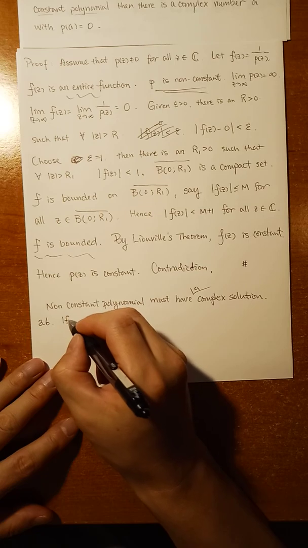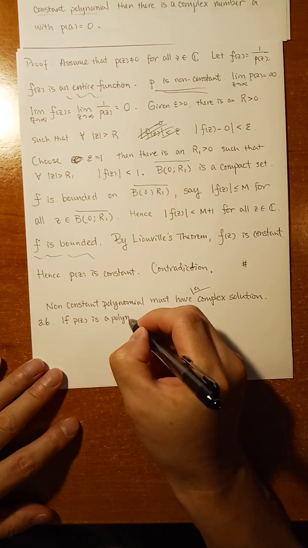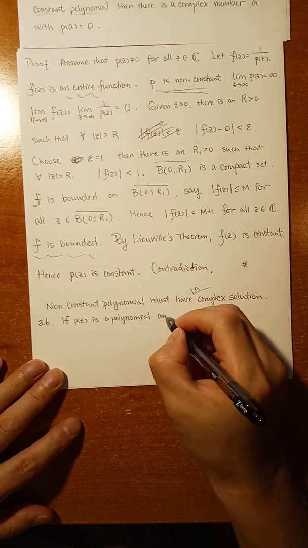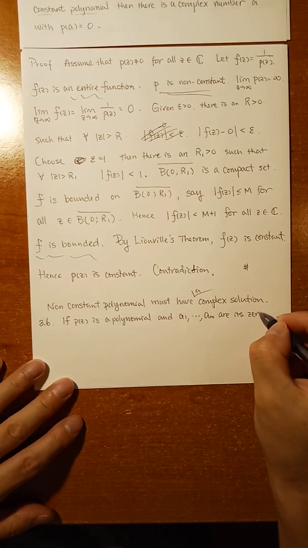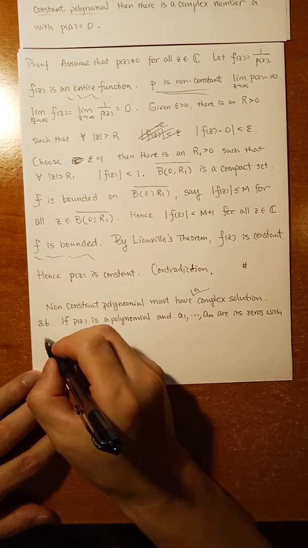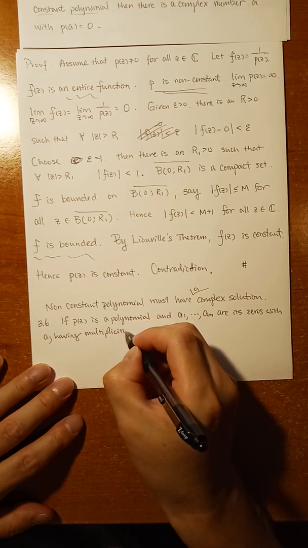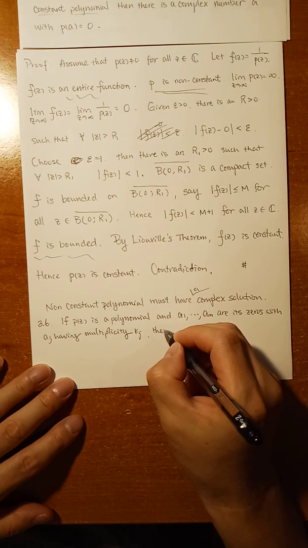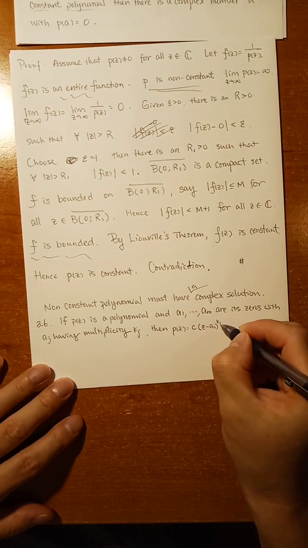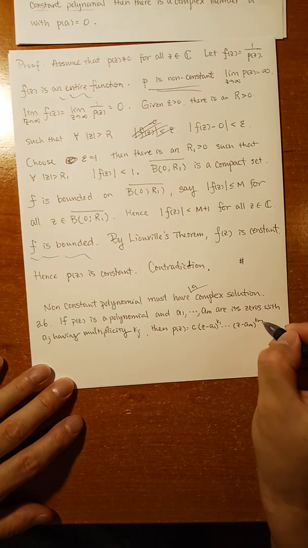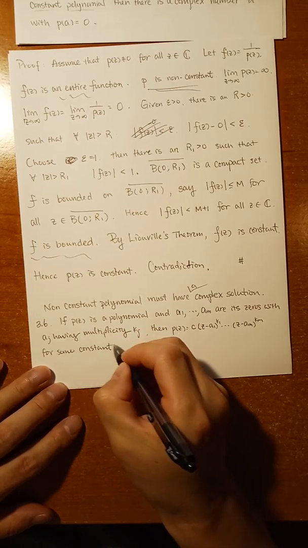This is a corollary: if p of z is a polynomial and a1, ..., am are its zeros with multiplicity, aj having multiplicity kj, then p of z can be written as a leading coefficient c times z minus a1 to the power k1, ..., z minus am to the power km, for some constant c.